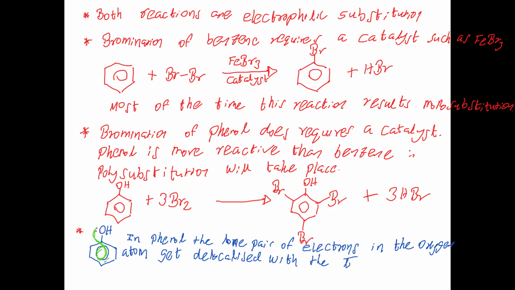Pi electron cloud means this electron circle. That means a cloud of circle. It's a ring shape with the pi electron cloud in the ring, in the benzene ring.